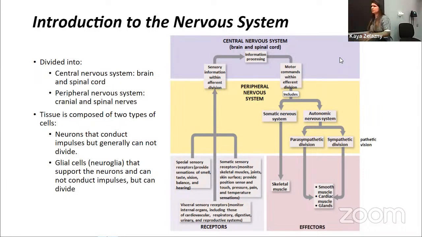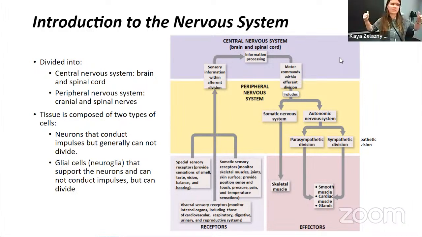So they conduct impulses. They generally don't divide. You may have heard that if you lose a neuron, it's not coming back. There are a couple places in recent research where we've seen that you can make some new neurons. But usually the traditional way of thinking about neurons is that they make new connections to other neurons, but we don't generally see more neurons, especially in the central nervous system.